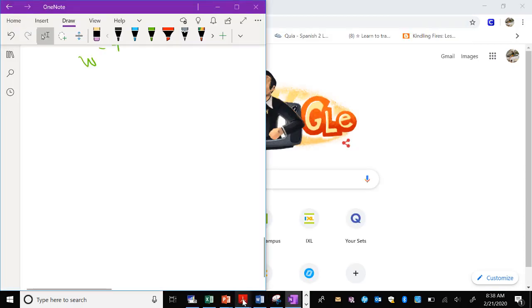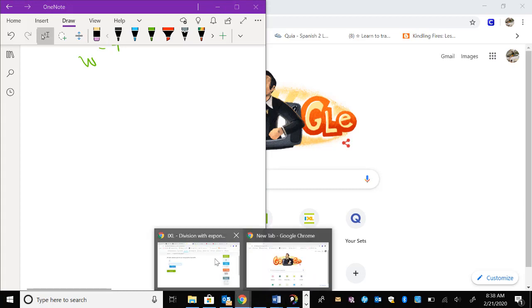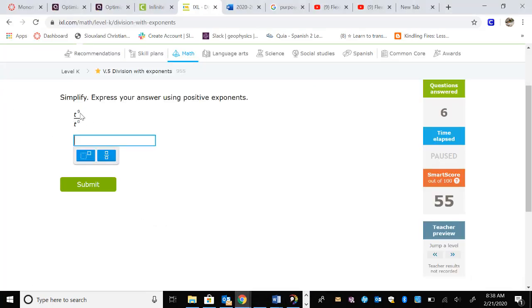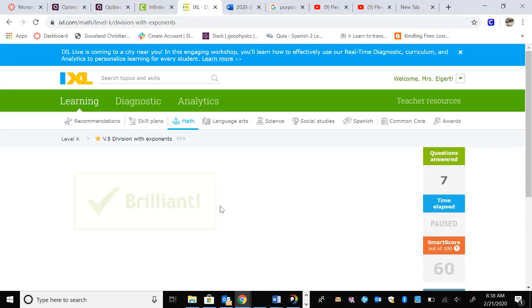Right here is a problem. Here's t to the 9th over t to the 0. So again, 9 minus 0 is 9. So this would be t, and then I can hit shift 6, 9, like that.